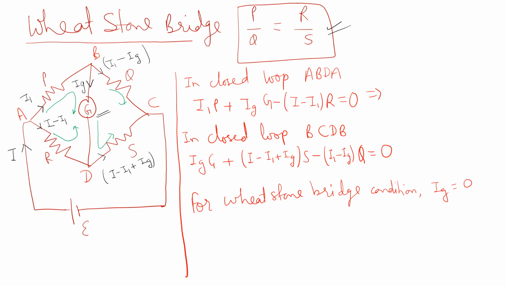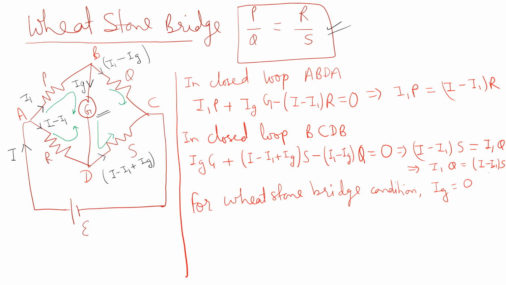So what I obtain from here is I1P equals (I minus I1) into R. So this is the equation which I obtained from the upper loop, and here I will obtain (I minus I1) into S equals I1 into Q, or I can write it as I1 into Q equals (I minus I1) into S. So this one is the second equation.